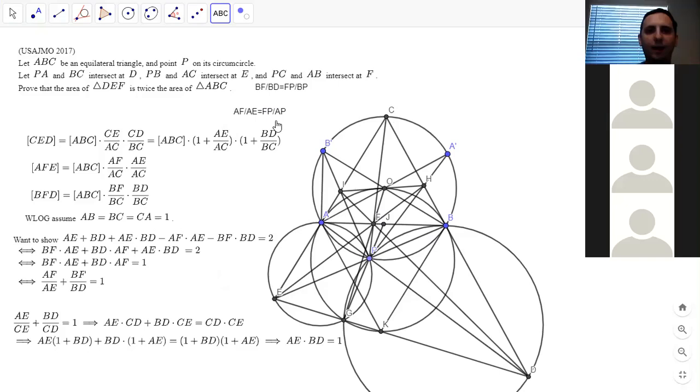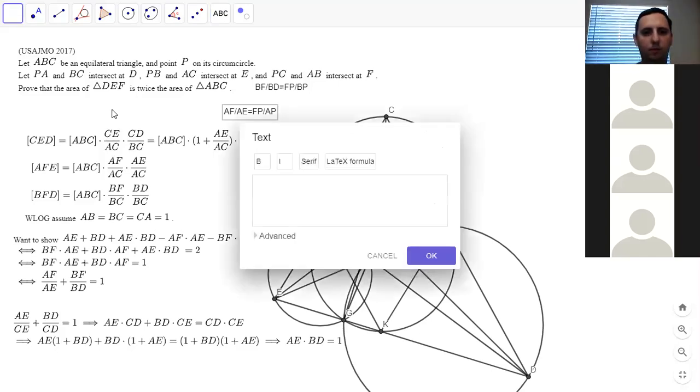FP over BP plus FP over AP is equal to FP times 1 over AP plus 1 over BP. Yes. And so that's CP over AP times BP, and it's equal to 1.